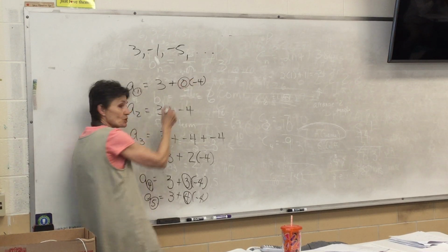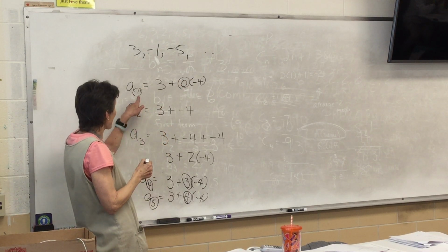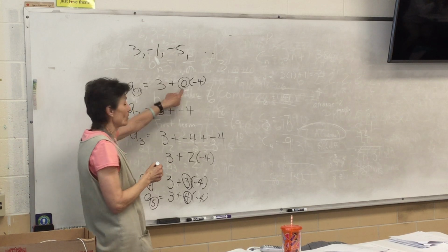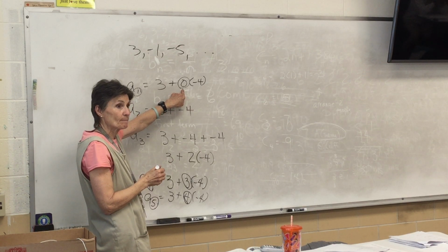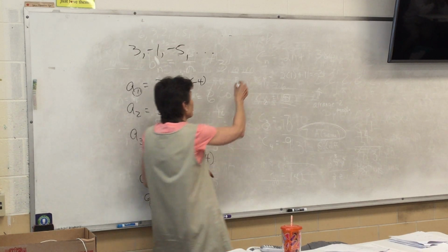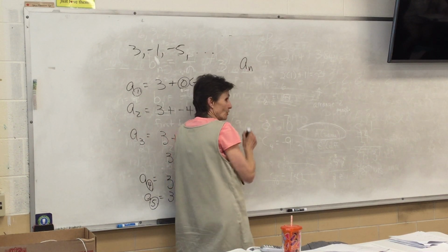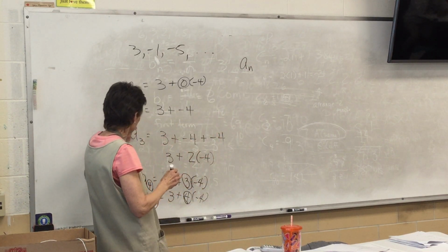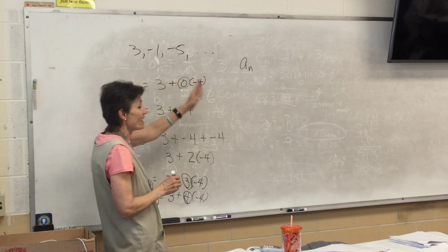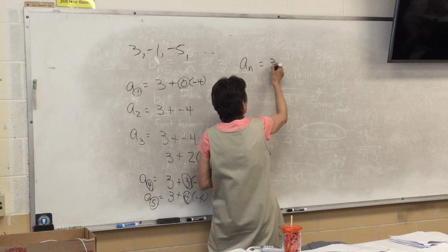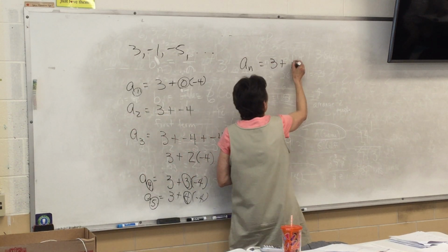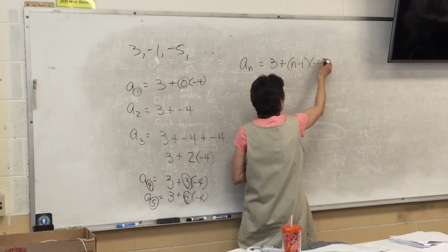Do you see the relationship there? Isn't that number one more than the number of -4s? So in other words, the nth term, I've done the first, second, third, fourth, fifth. The nth term would be 3 plus n minus 1 -4s.